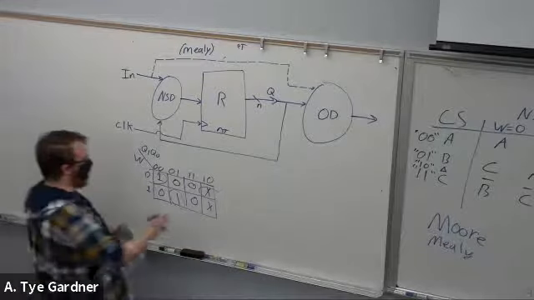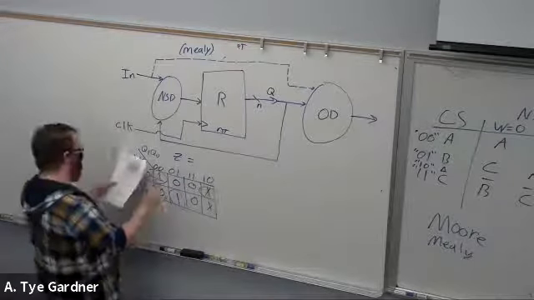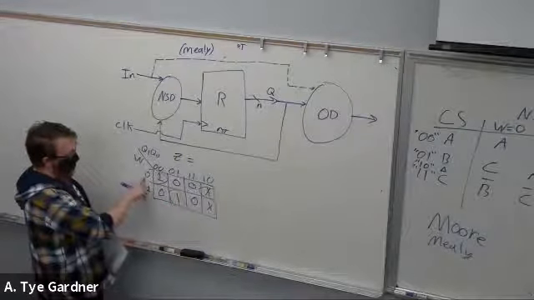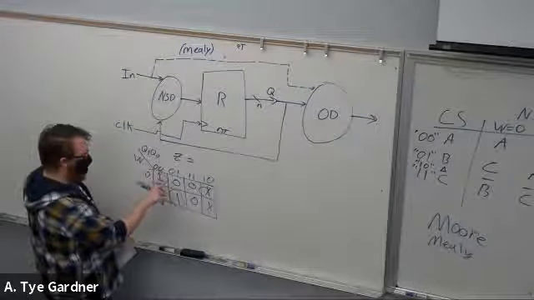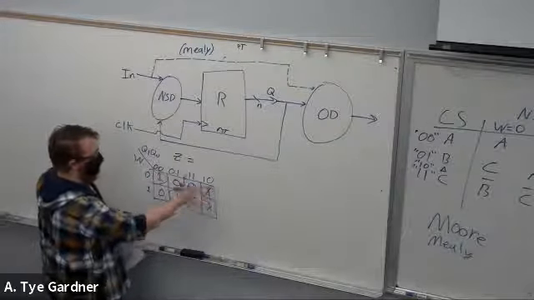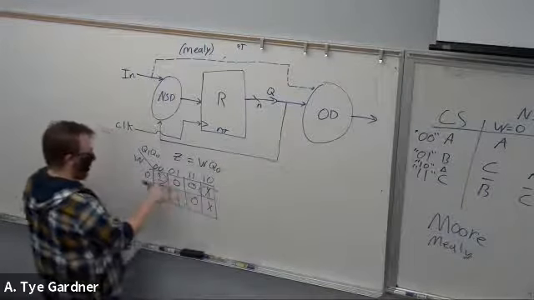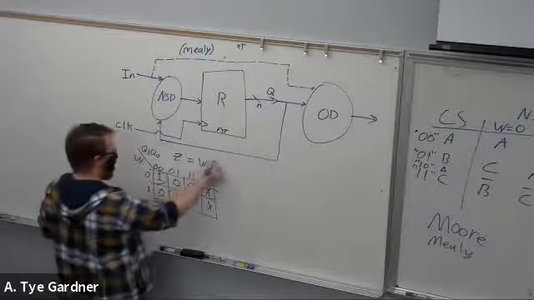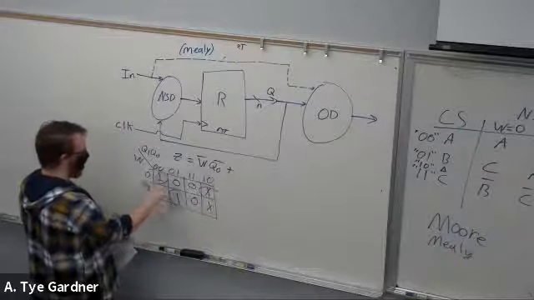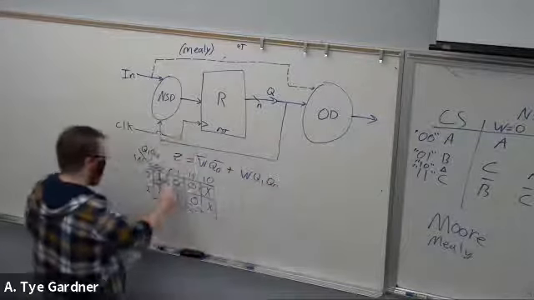where we end up with saying, so this whole thing was for Z is equal to, right? Z is equal to, well, W doesn't change, and Q0 doesn't change. So W, Q1, Q0, and it's 0, 1, 1.